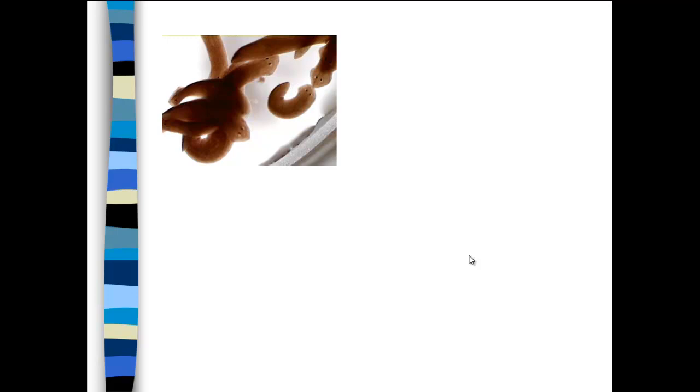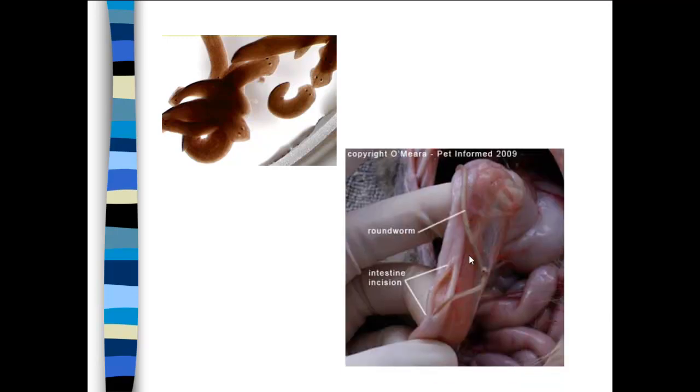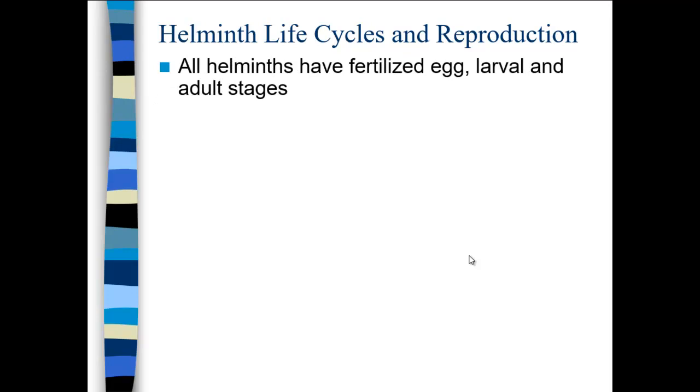They can bend and wriggle and move, so they have locomotion. And here is a roundworm that has been taken from, I believe, a dog. You can see the roundworm is coming out of the intestines.